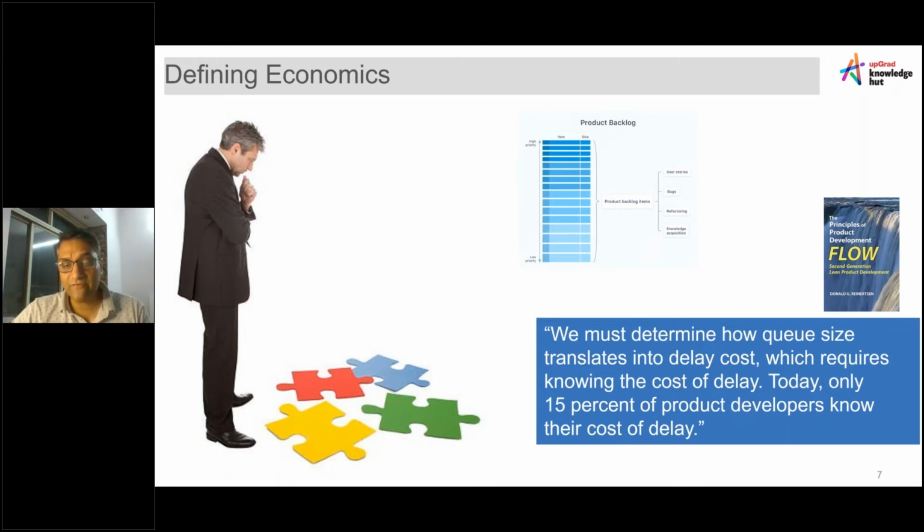And more importantly, when we introduce something in our queues, in our backlogs, we fail to understand which is a more important item over something else. We fail to prioritize. And many prioritization techniques have been used by our product teams, right? You will see many teams use MoSCoW techniques: must have, should have, could have.